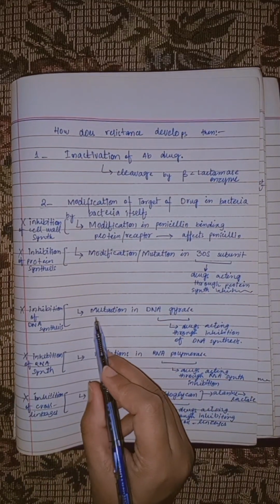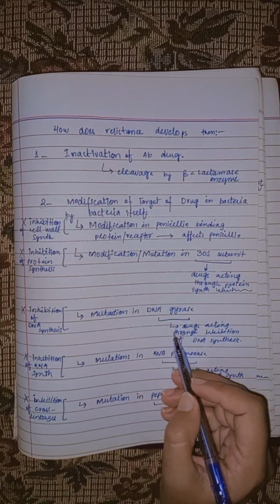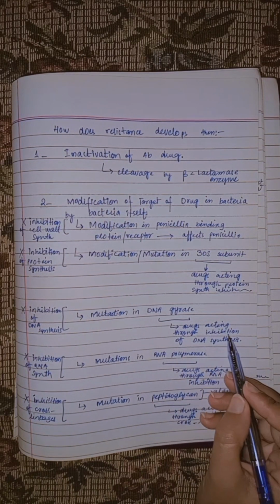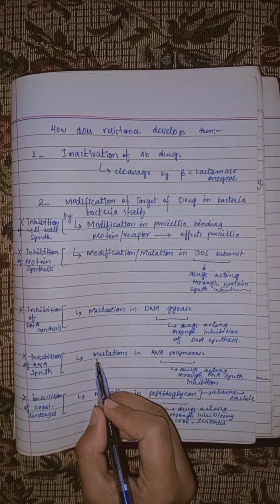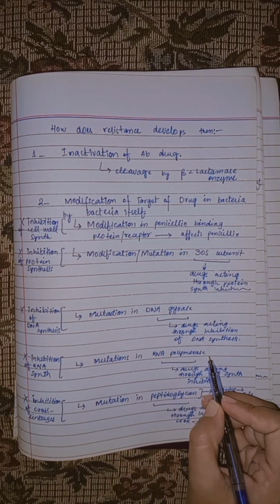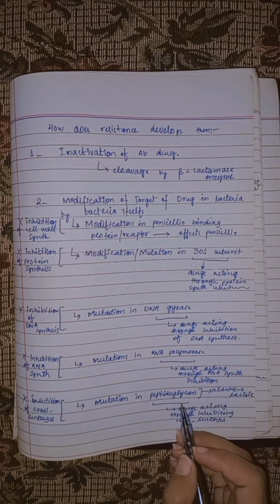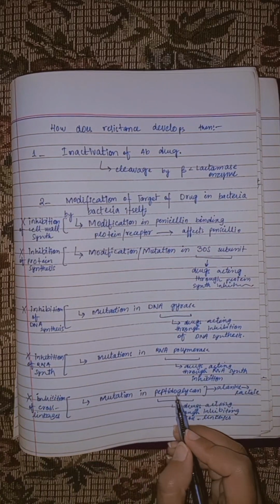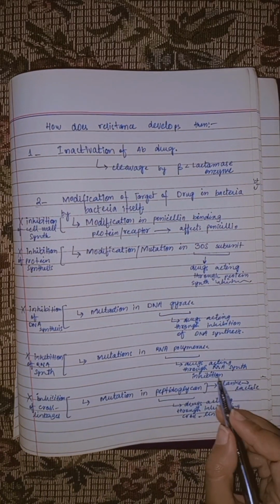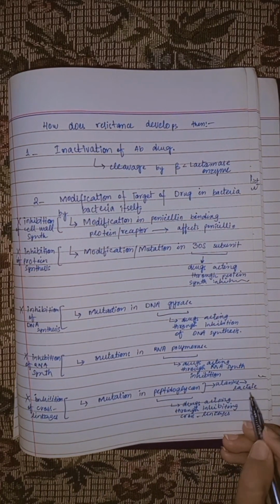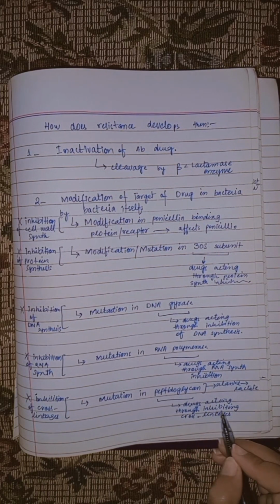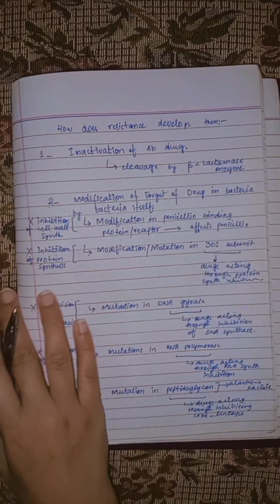Then we have mutation in DNA gyrase. DNA gyrase acts in DNA synthesis. Then mutations in RNA polymerase, that affects the drugs which act through RNA synthesis inhibition. Then mutations in peptidoglycan, where lactate replaces alanine, and this affects the drugs which act through cell wall inhibition.